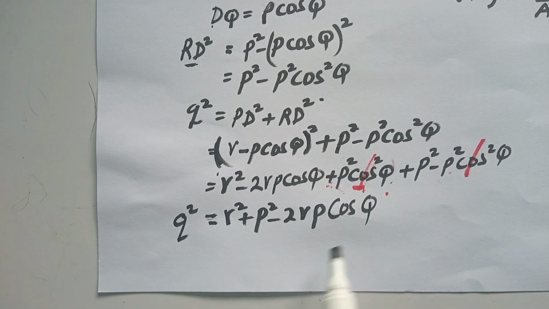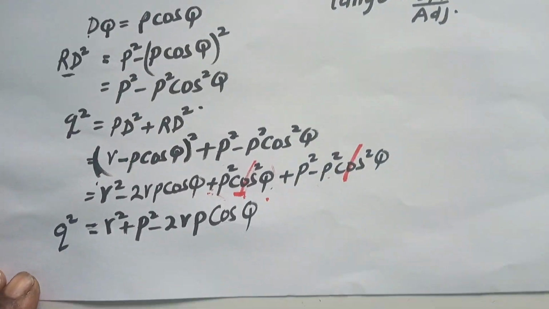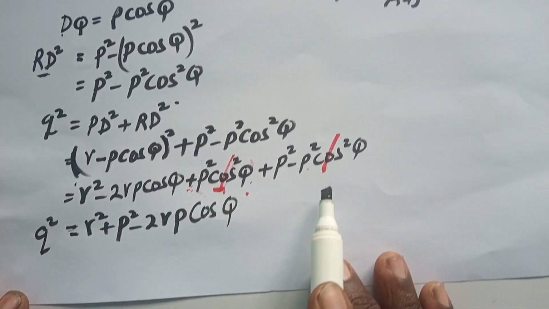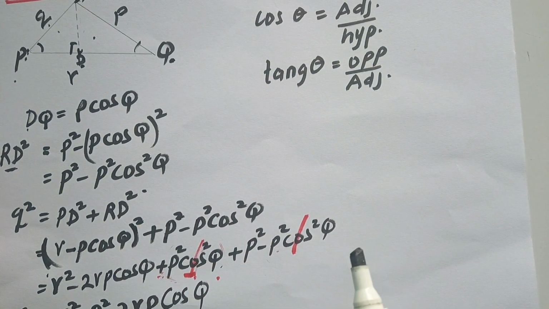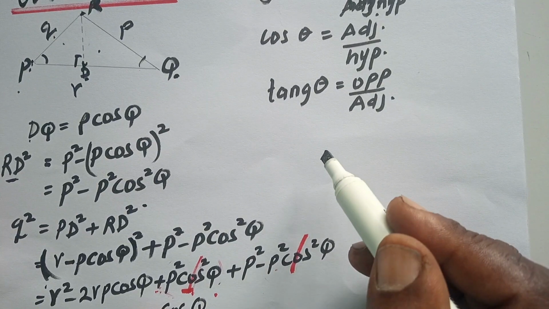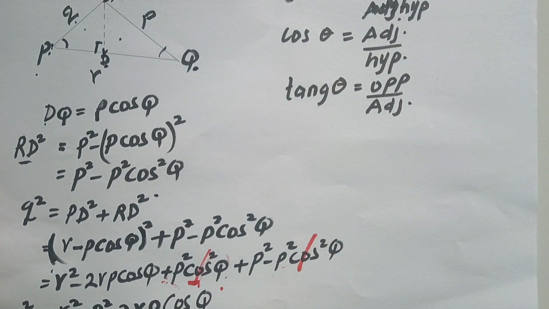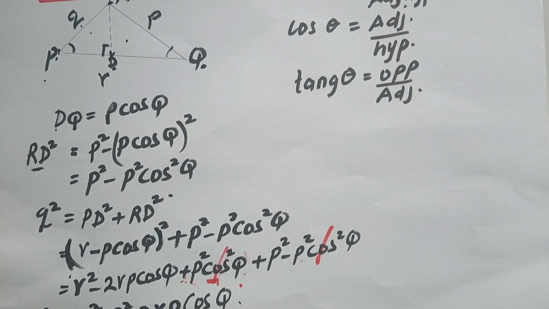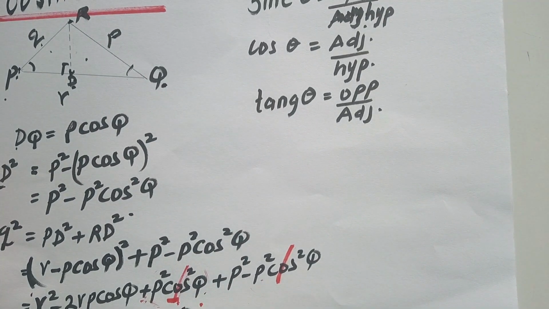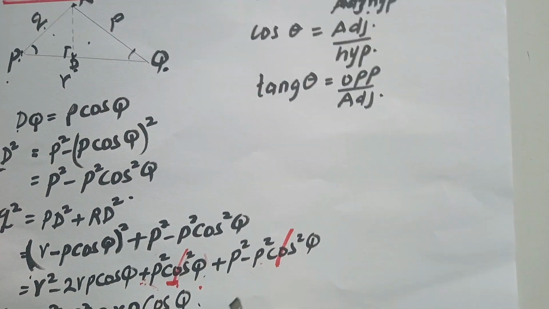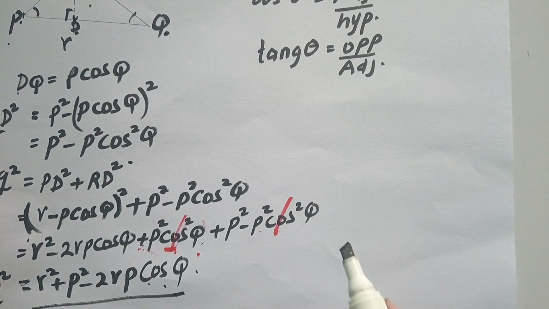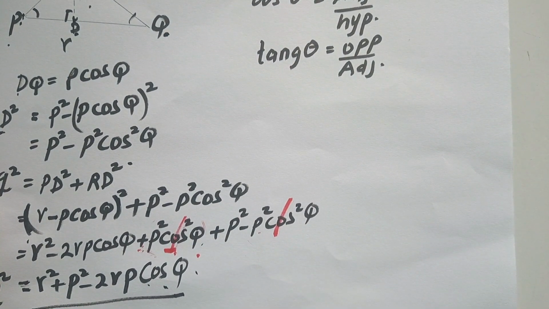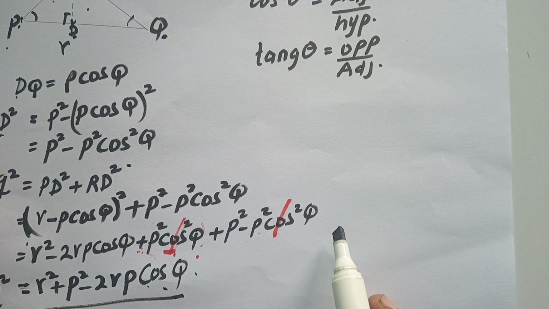So you can use the cosine rule to be able to find out what is required. And again, we have already generated our cosine rule as this one. Now suppose we want to find cos Q. We make cos Q the subject of our formula.